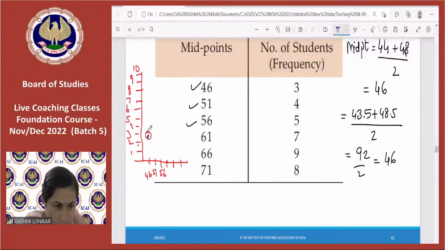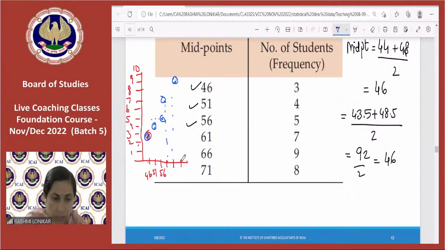For 46, it is 3. Then for 51, it is 4. For 56, it is 5. For 61, it is 7. For 66, it is 9.